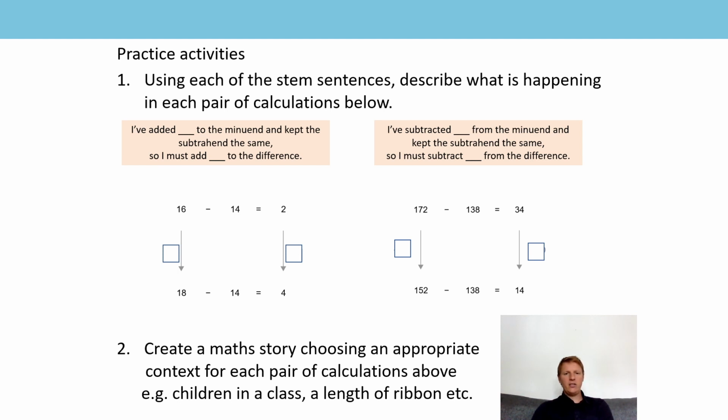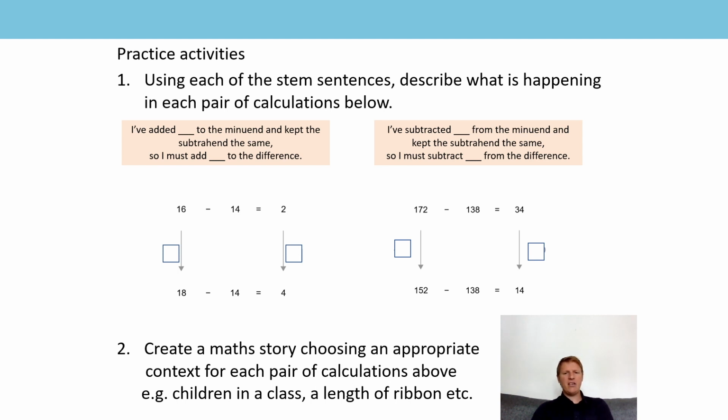Then I'd like you to still think about the same pairs of calculations, but I want you to create a math story to try and choose an appropriate context for the calculations. So today, so far, our context has been money. I want you to think of your own. Maybe you could use children in a class. Think about how a class might be made up in different ways and what could change and what could stay the same, thinking still about difference.